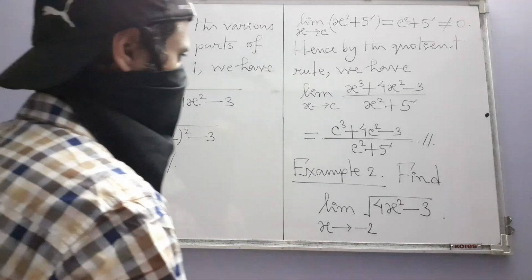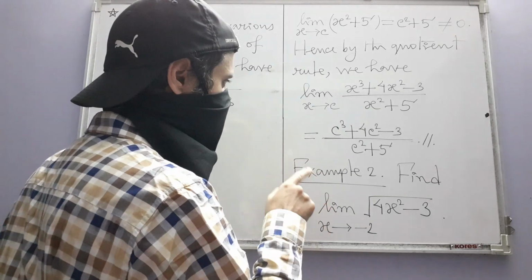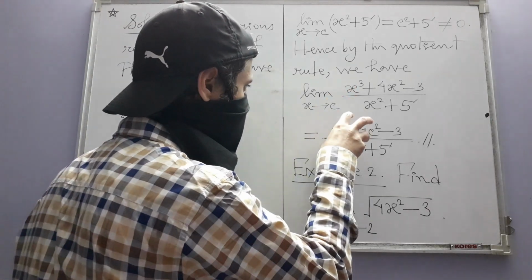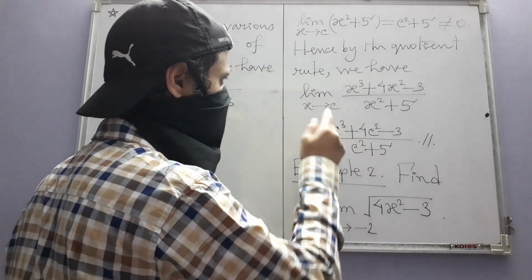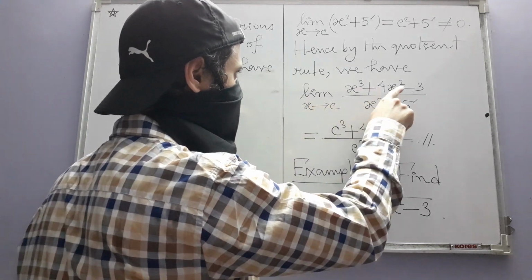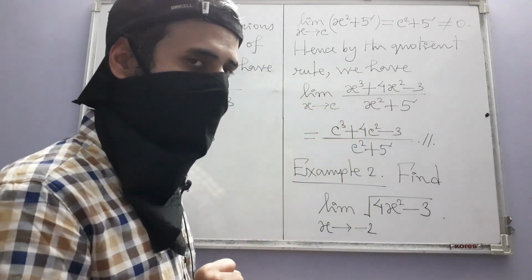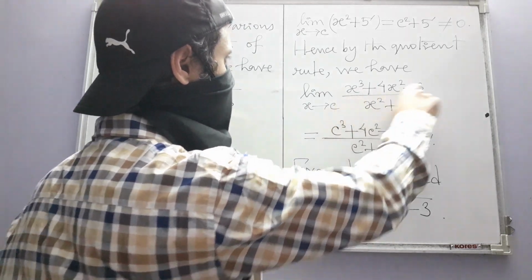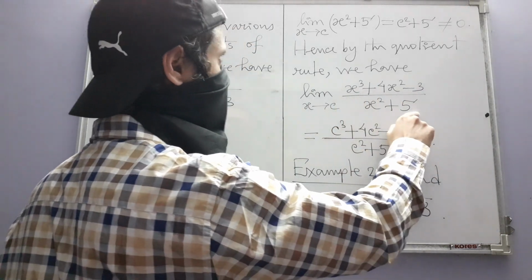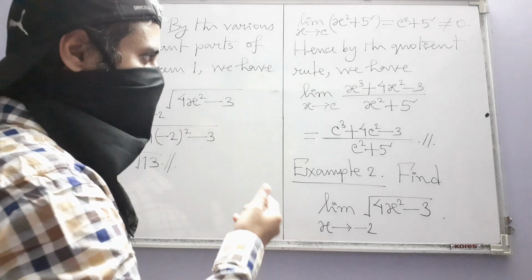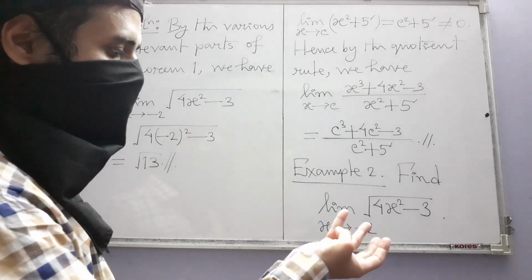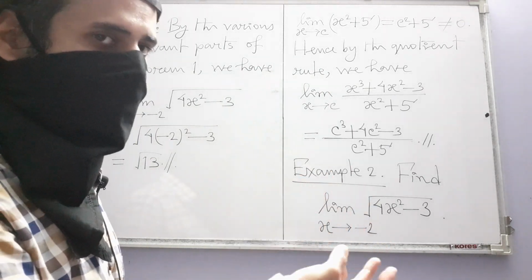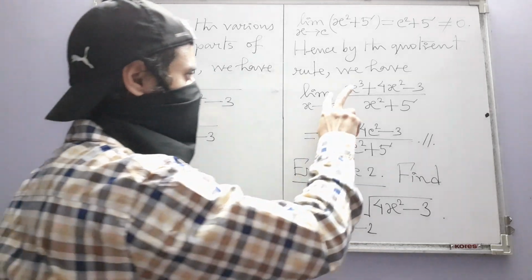Okay. Now, in the course of calculating this limit, you have seen that you calculate limits of polynomial functions, for example this polynomial function, and applying the sum rule, power rule, product rule, in fact all of them.